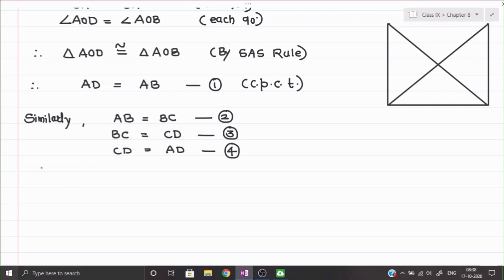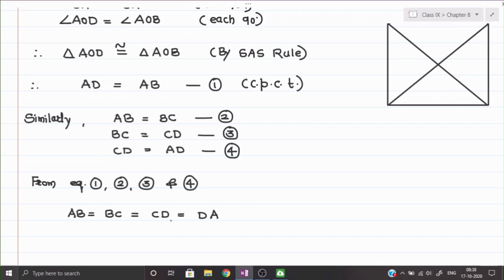Okay, so we can say that therefore by equation number 1, 2, 3 and 4, we can conclude that AB is equal to BC is equal to CD is equal to DA.